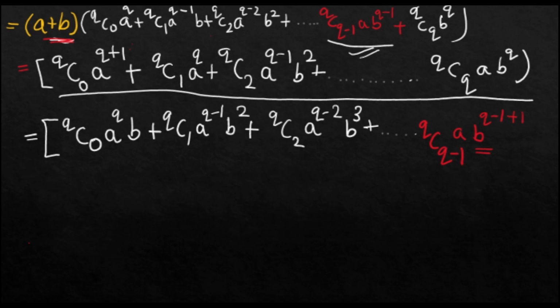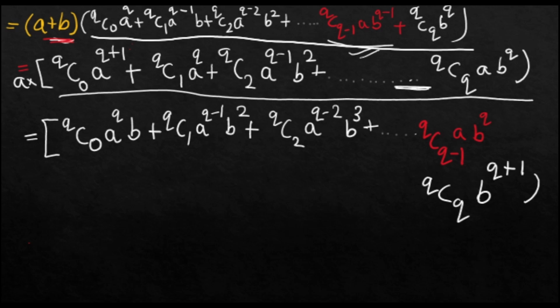So the index is Q, only Q. So for the previous term, after multiplying B with the expansion, we get QCQ minus 1 ABQ. Now write the last term. We get B having index Q and is being multiplied with B, so 1 is added to the index. This is A multiplied with the expansion, then we get this expansion here.